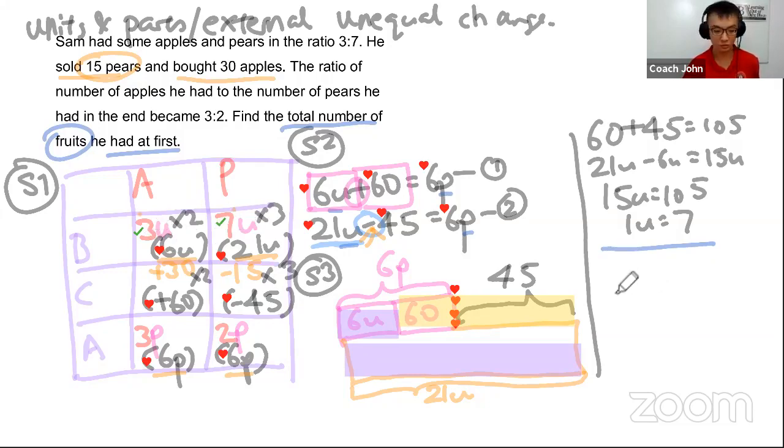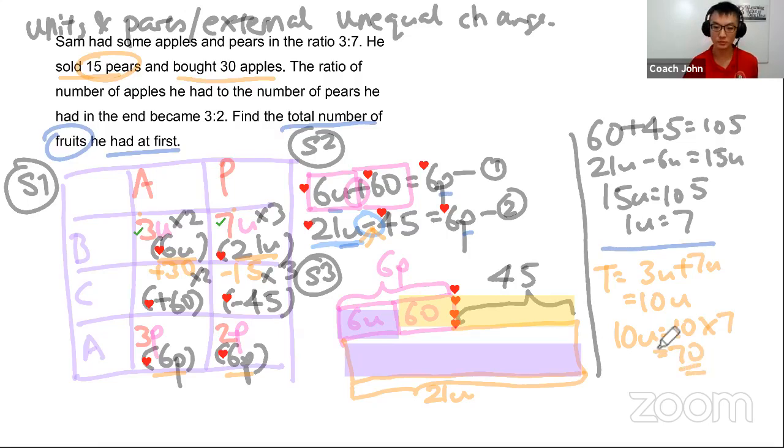So you want to use the word actual, the original. 6U and 21U are not the real ones because they are created, multiplied because we want to make parts the same to solve it. So in total we have 3U plus 7U, so we have 10U. Then 10U is equal to 10 times 7 equals 70.